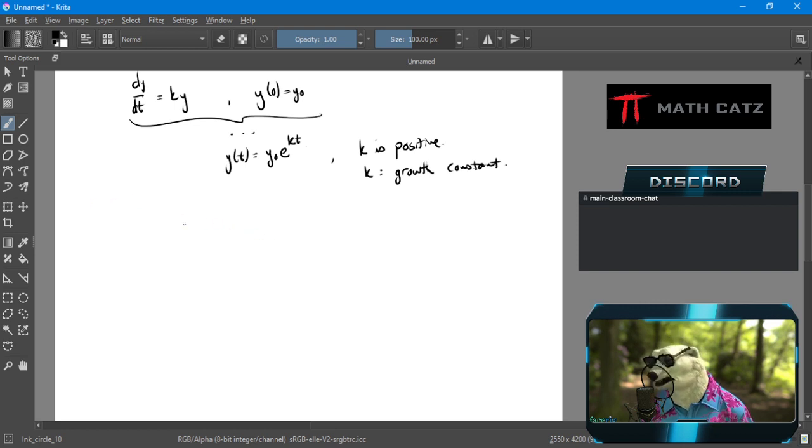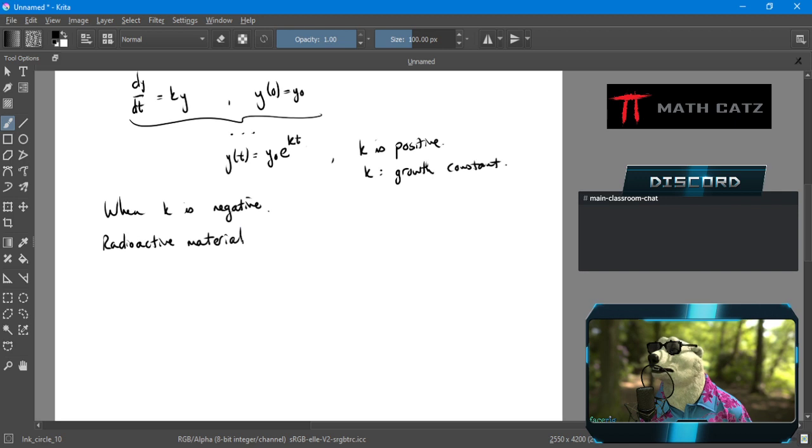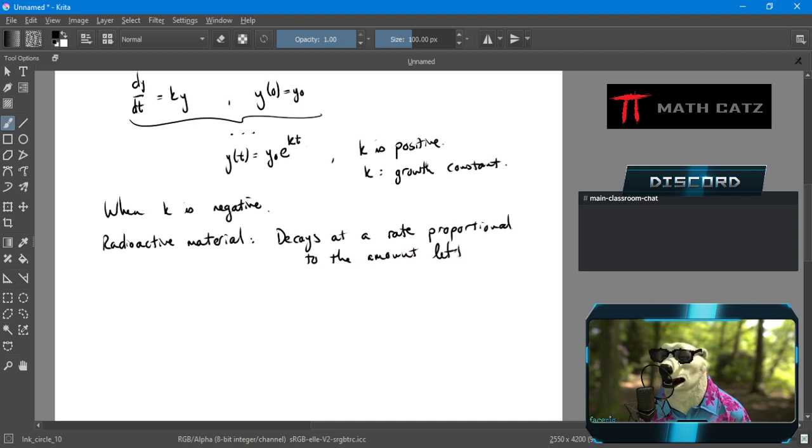But there's also another side to this. When k is negative, often if we look at radioactive material, various radioactive substances, the substance decays, becomes less, at a rate that is also proportional to the amount left at that time.